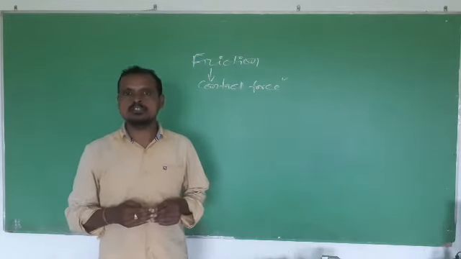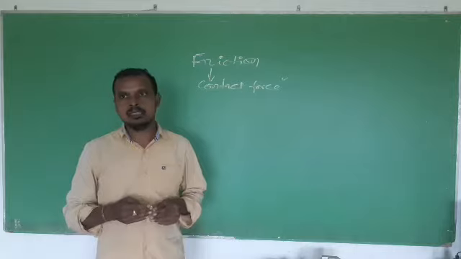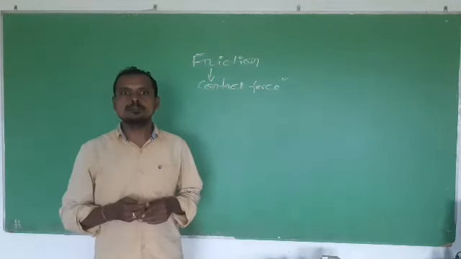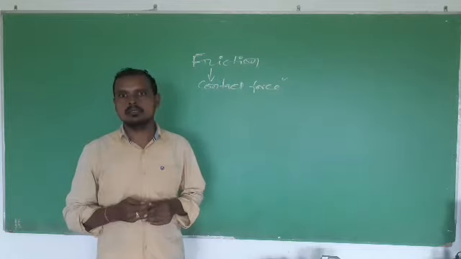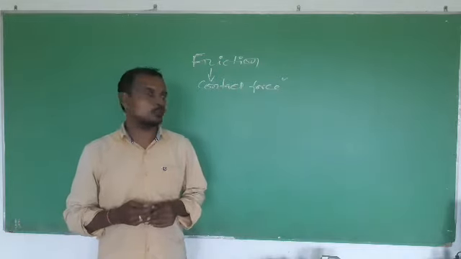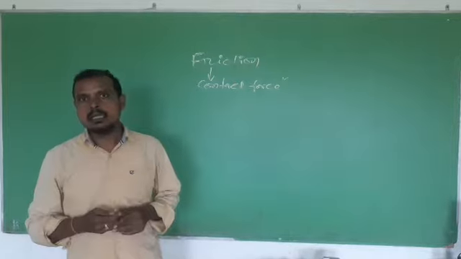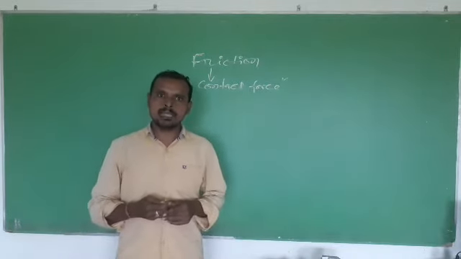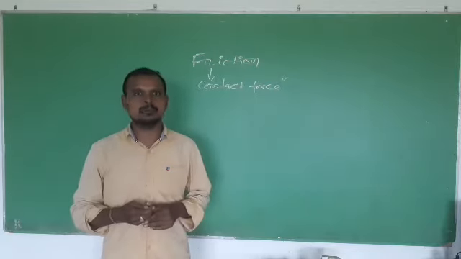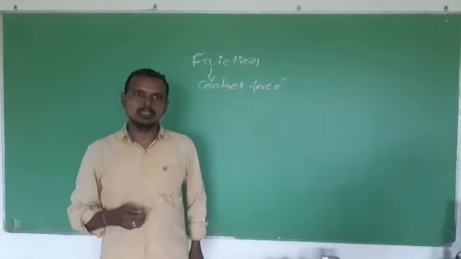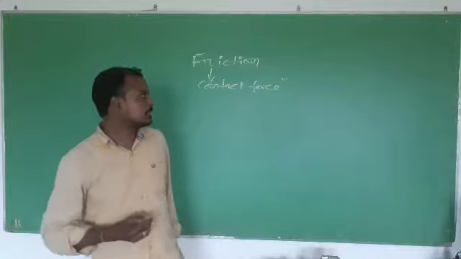The force of friction. So if you want to move the duster on the table, you have to apply force in the form of pull or push. Then at the moment you apply the force, gradually the force of friction decreases and the body starts moving.